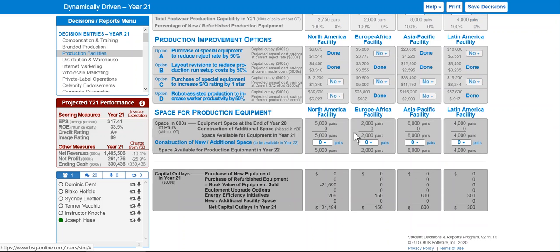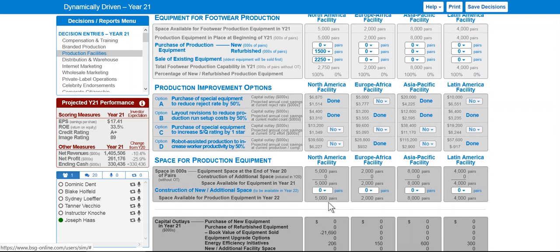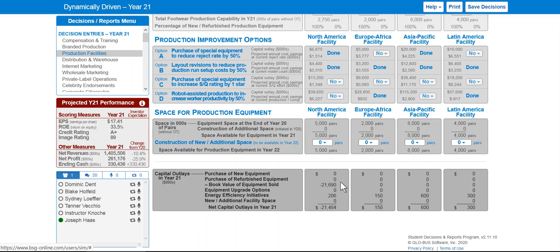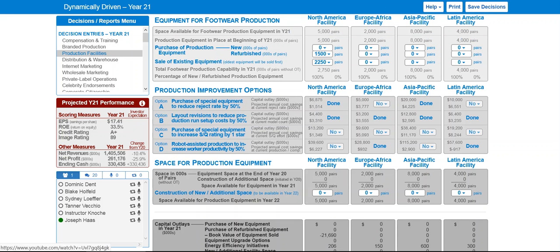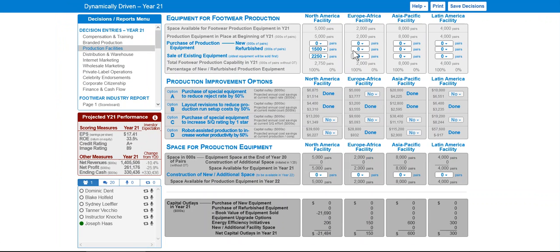So in the early years when we didn't have a lot of money, down here it tells you how much it costs. So if you wanted to see what your costs were for purchasing equipment, it was always down at the bottom here. New equipment costs considerably more than refurbished.